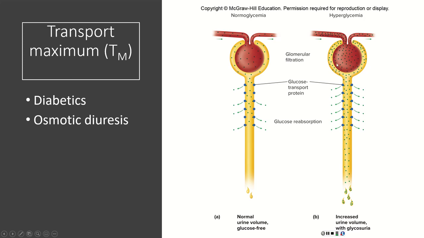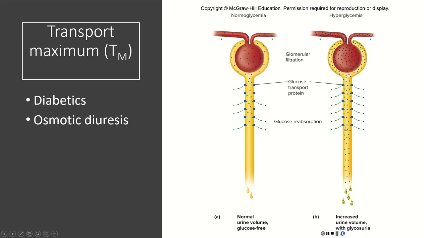Over here, let's say this is someone with hyperglycemia, someone with high blood sugar. Maybe it's someone with diabetes mellitus, which is the type of diabetes most of us are familiar with. So here, now we see there's a lot more glucose in the blood, so there's going to be a lot more glucose in the filtrate. As that glucose passes through the PCT, these proteins are grabbing the glucose and reabsorbing it, grabbing the glucose and reabsorbing it.